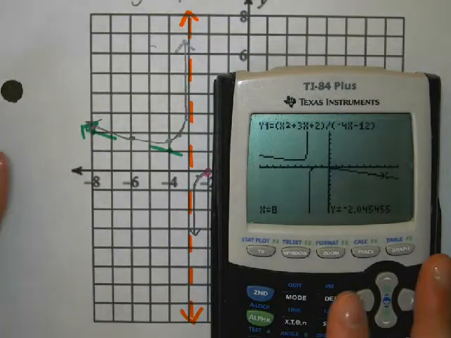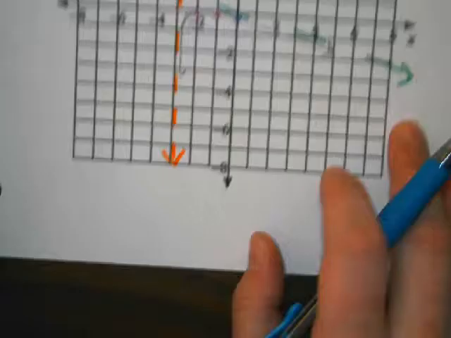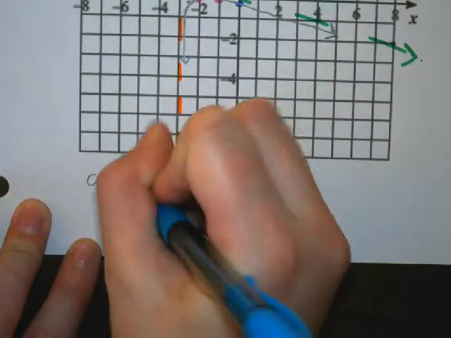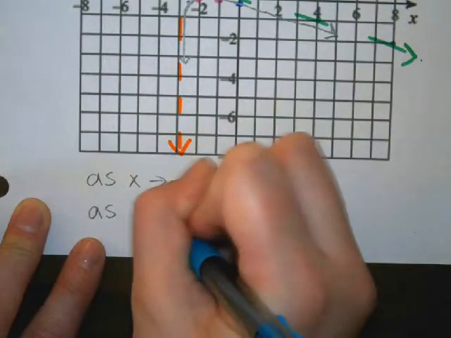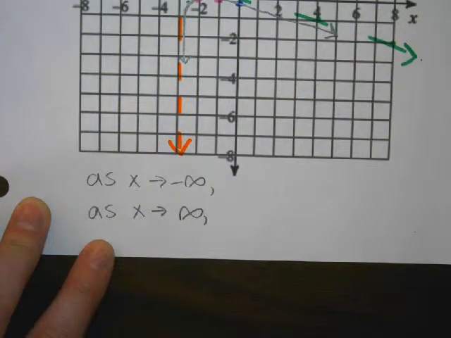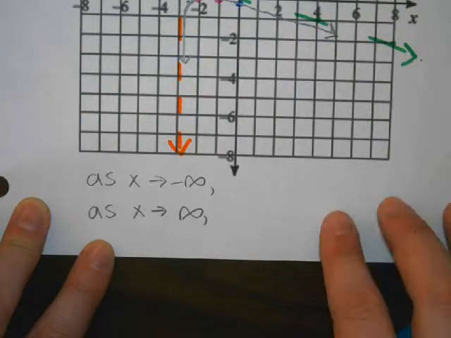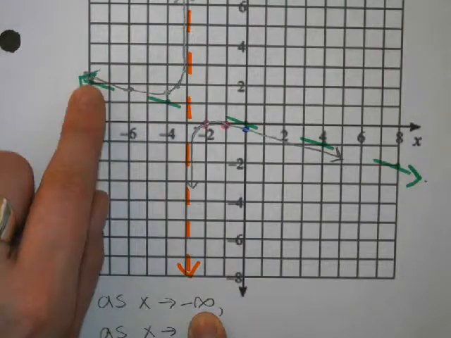All right. So let's go ahead and figure out the end behavior for this. So as x goes to the left and as x goes to the right, all right, so as we look at the left of our graph, here's our curve, and here's where it's going to the left.